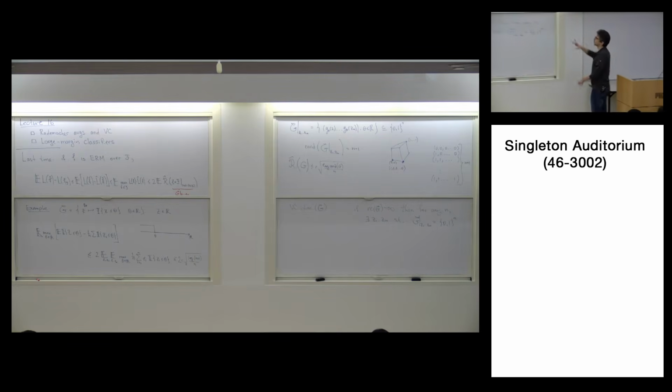Now, if it's a full hypercube, what did we prove last time? Rademacher averages are 1. They don't go to 0.